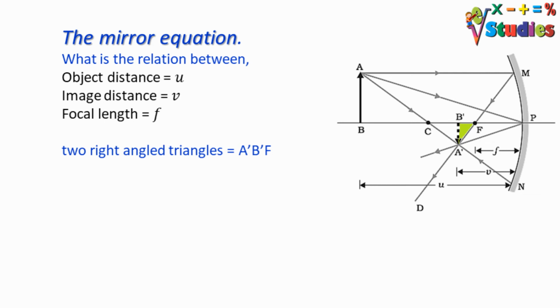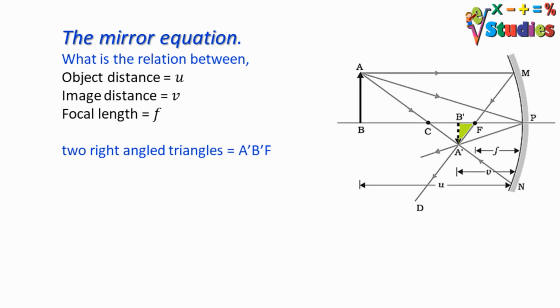Note students, here they have only shown three rays, but as you know, many millions of rays would be emanating from an object. So this is just for understanding the principle behind it.